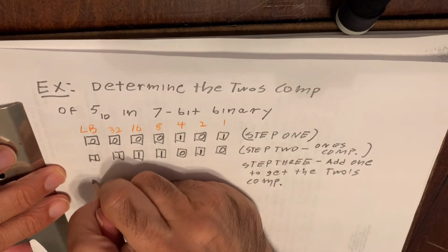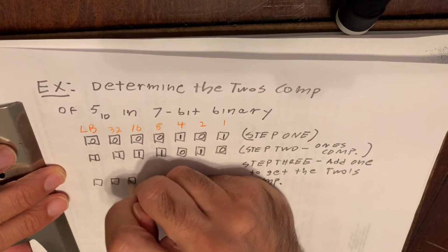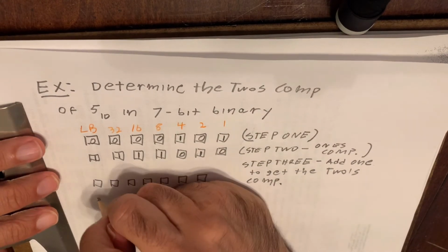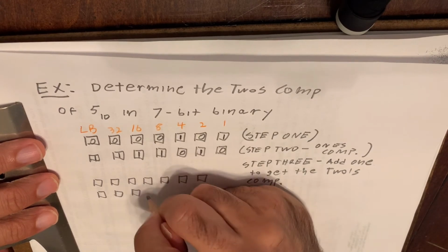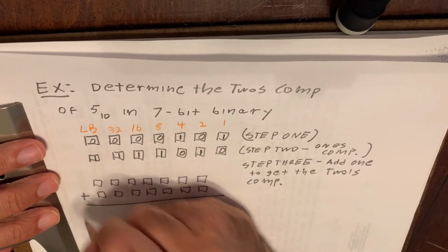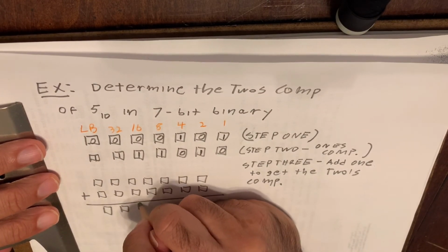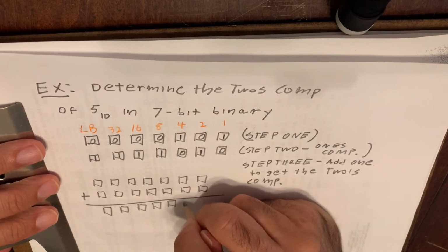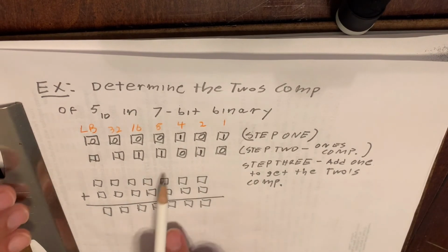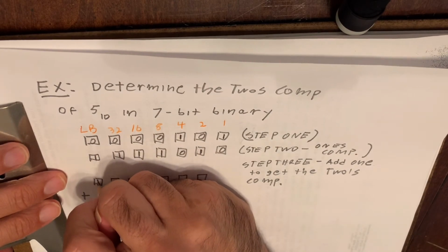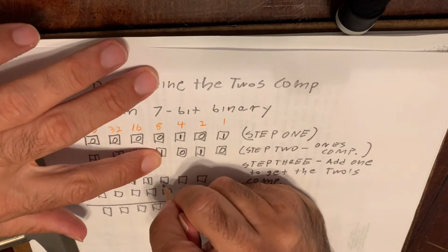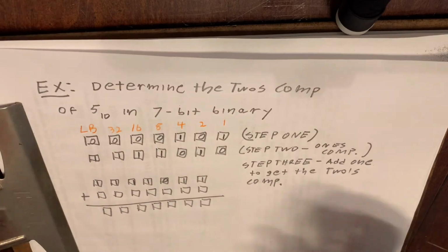So we take the 1, 2, 3, 4, 5, 6, 7 bits. 1, 2, 3, 4, 5, 6, 7. Plus, and we only get 7 bits in our sum because we are only working in 7 bits. So 1, 2, 3, 4, 5, 6, 7. And so we take the 1's complement, which is 1, 1, 1, 1, 0, 1, 1, and we add 1 to this.